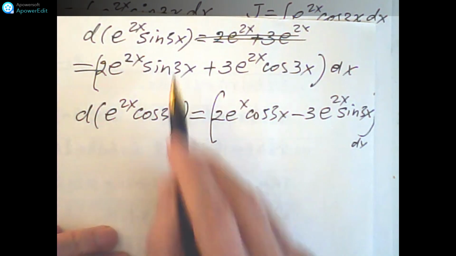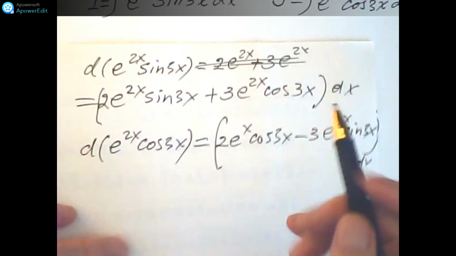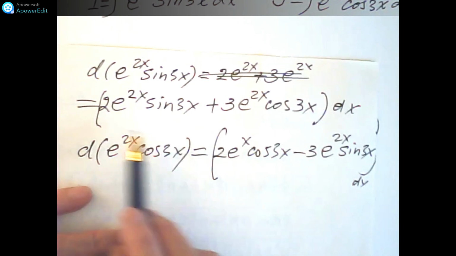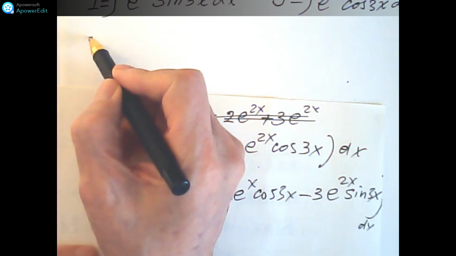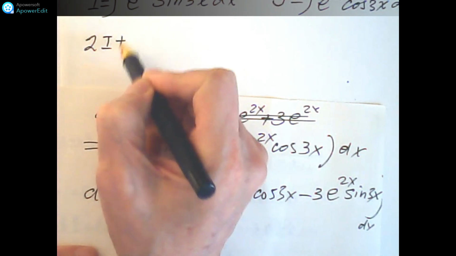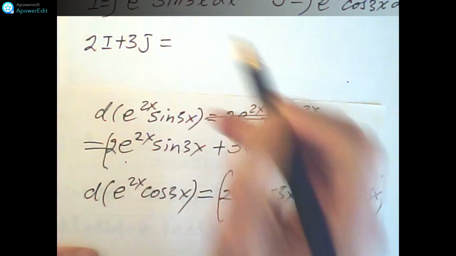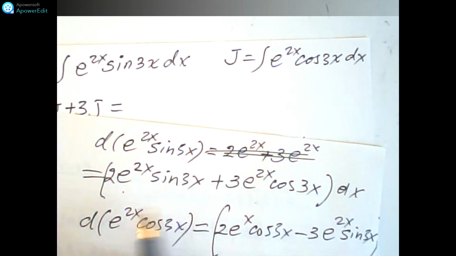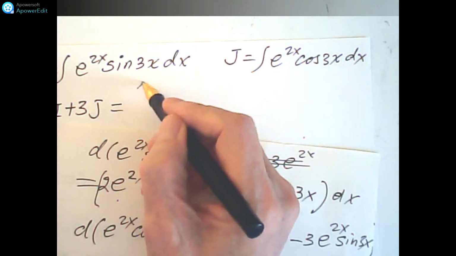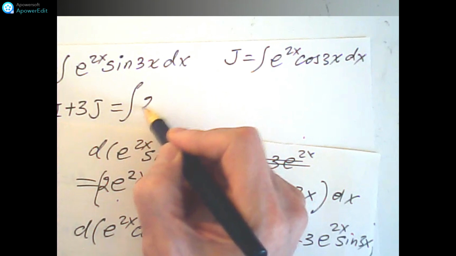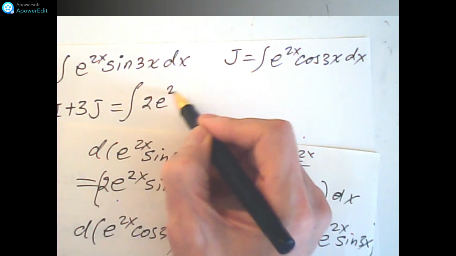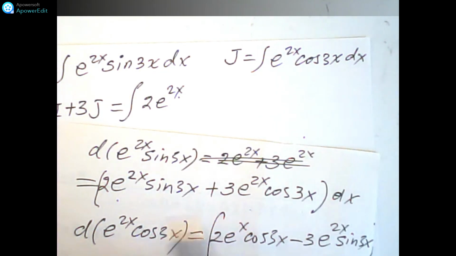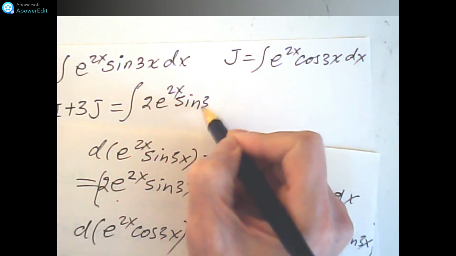All right. So these ones I can work out on rough paper first. Then I know that this is 2I. This is 3J. So in other words, 2I plus 3J will be equal to the integral of 2 e to the 2x sine 3x, right?